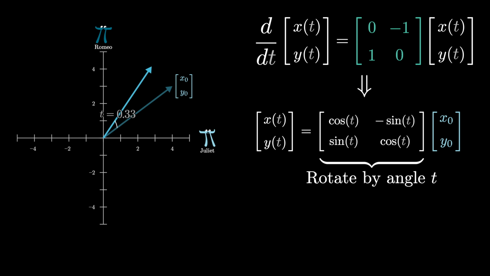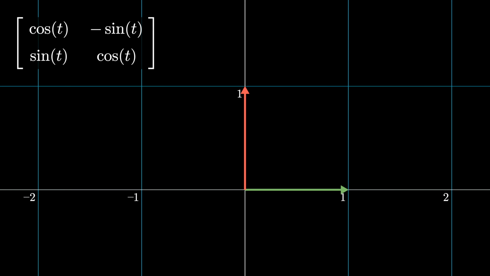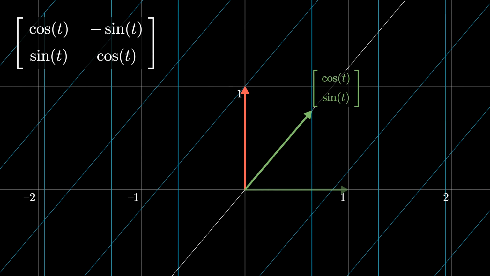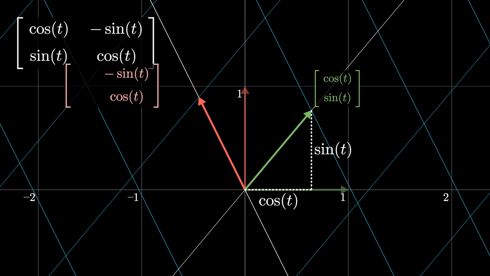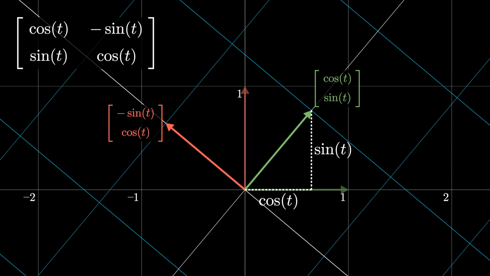If you want to describe this kind of rotation with a formula, we can use a more general rotation matrix, which looks like this. Again, we can read it in terms of the columns. Notice how the first column tells us that it takes that first basis vector to cosine of t, sine of t. And the second column tells us that it takes the second basis vector to negative sine of t, cosine of t, both of which are consistent with rotating by t radians.